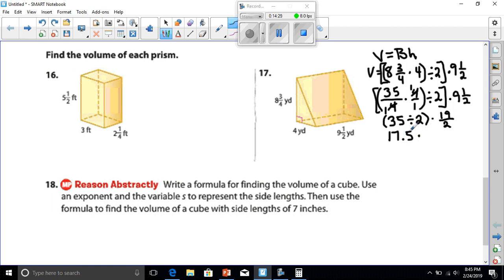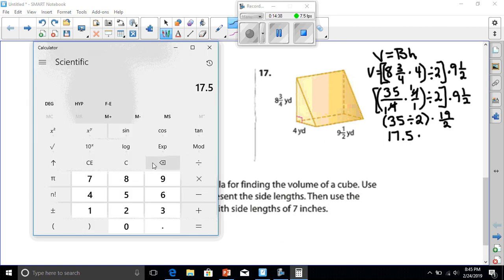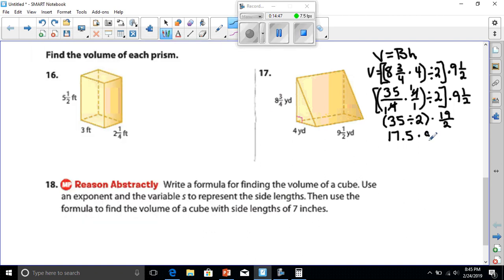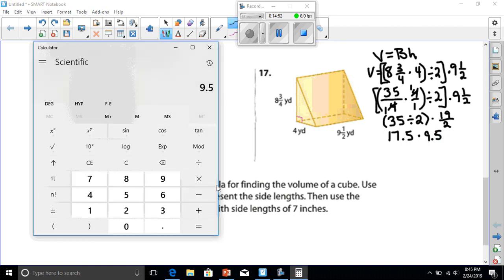I could write it as a fraction, or I could put 19 divided by 2 as a number as well. Let's try that. 19 divided by 2, it doesn't matter which way we do it, is 9.5. So that's 17.5 times 9.5. So 9.5 times 17.5 gives me 166.25.